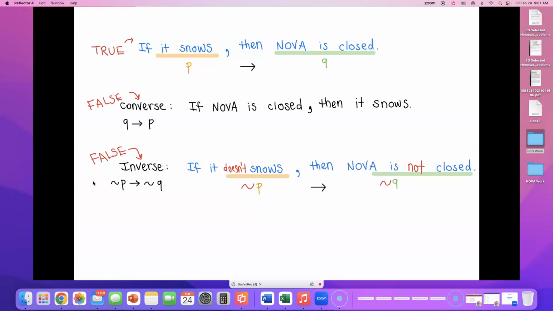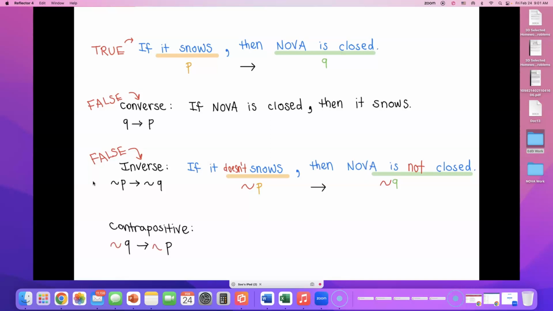Okay, now let me do the last one, which is called contrapositive. Contrapositive is converse and inverse combined. You have to just switch them both. So do Q implies P, but you negate those both. Not only do you switch the order, but you negate them.